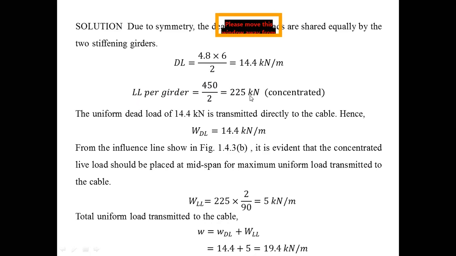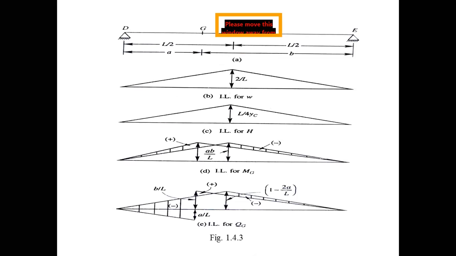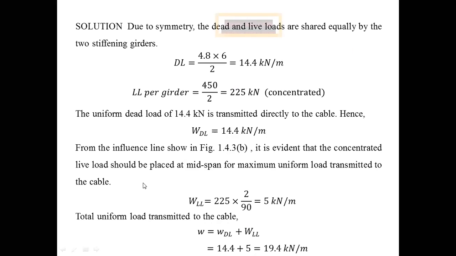Already you know the influence line diagram for small w, which is 2 by L. So that load multiplied by 2 by L will give the uniformly distributed load. So live load per girder is 225 into 2 by L. L is 90, so the live load is 5 kilonewton per meter. So the total load on the cable is dead load 14.4 plus live load 5, which is 19.4. Clear?